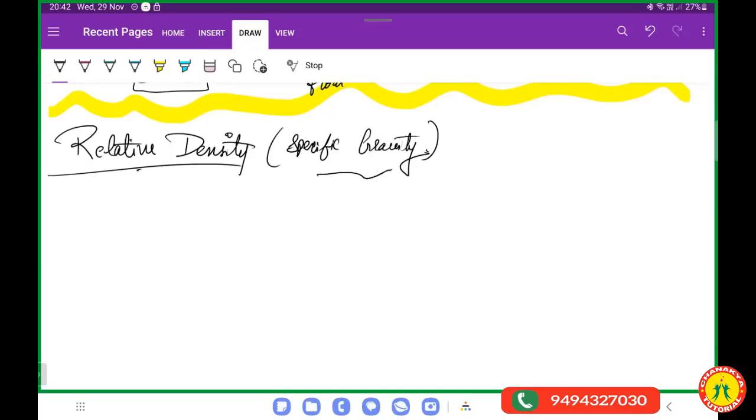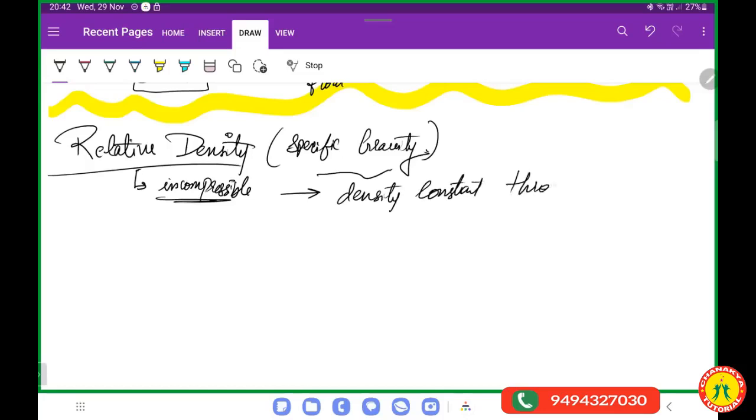So here we will consider all liquids as incompressible. So the density is constant throughout our discussion.